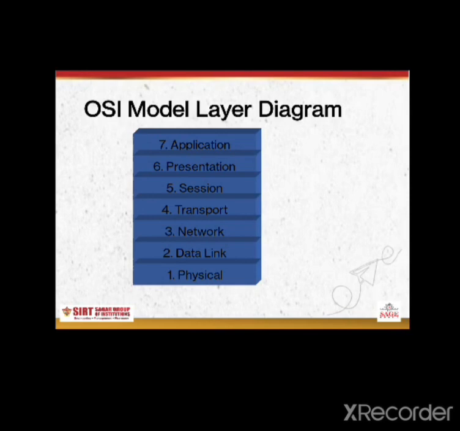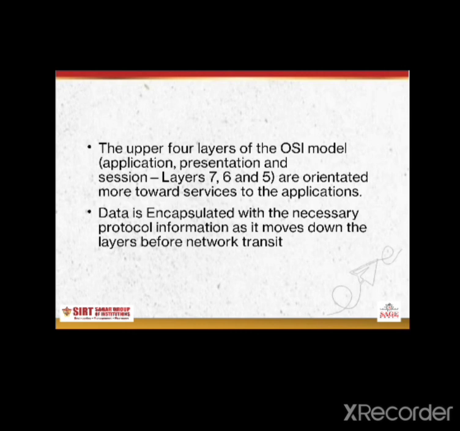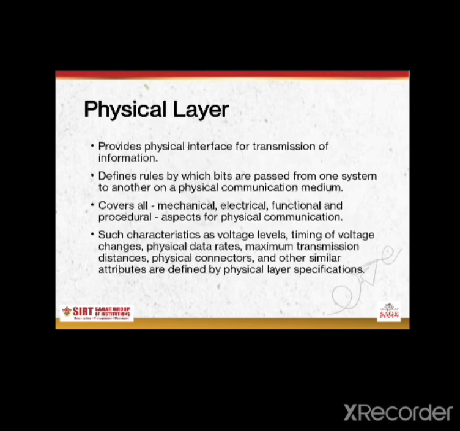So this is simple information about the layers. The upper 3 layers of the OSI model are application, presentation, and session layer. They also provide data encapsulation, in which it provides security by encapsulating the data.